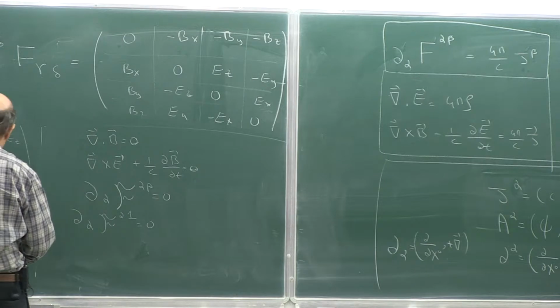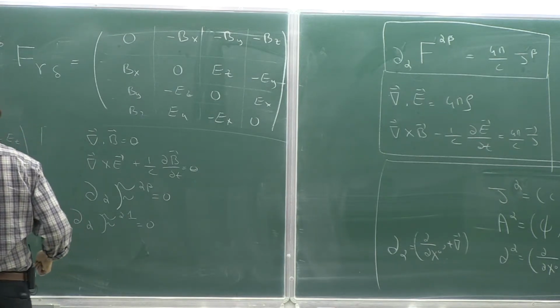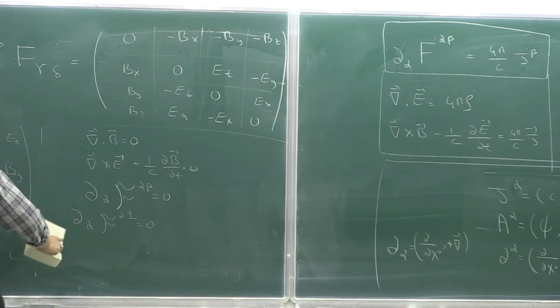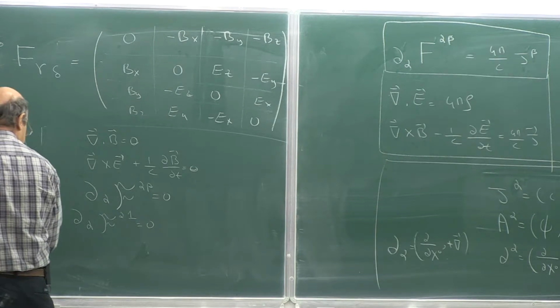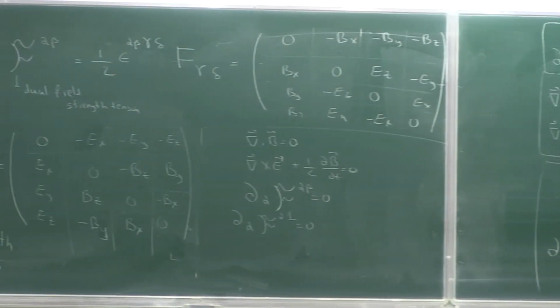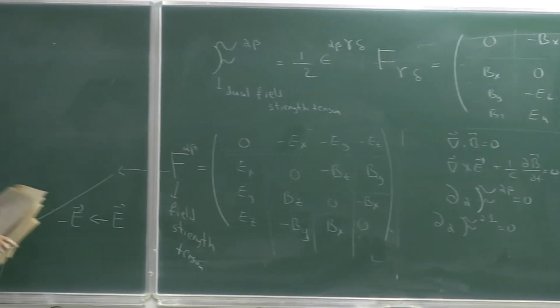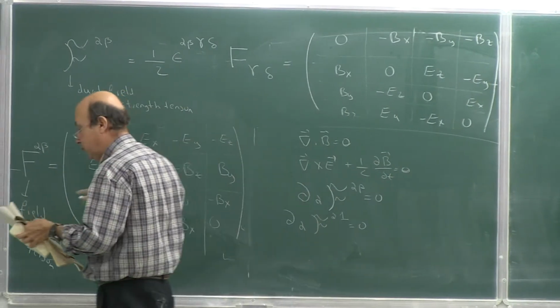And what is the open form of this? I'll go and work there, so no place. The contracted index is alpha, that is 0, 1, 2, 3.